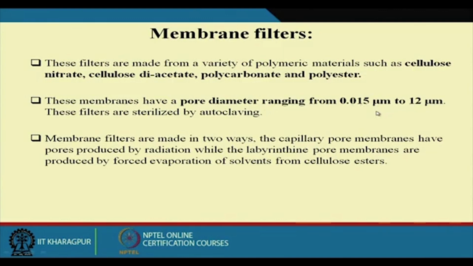The only problem, as I told you, is that the life of a membrane filter is very short, because maintenance cost will be very high, and operational cost depends on the pressure drop. The pressure drop in a membrane filter is very high, so our operation cost will be very high, and that is why it is not usually adopted in the industry.